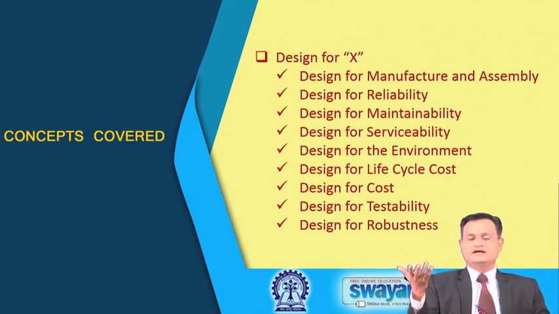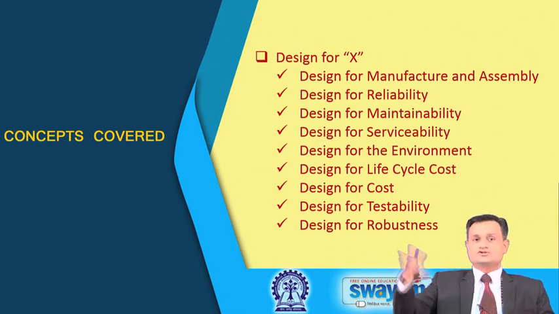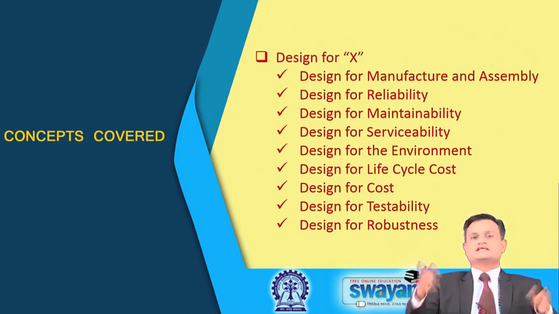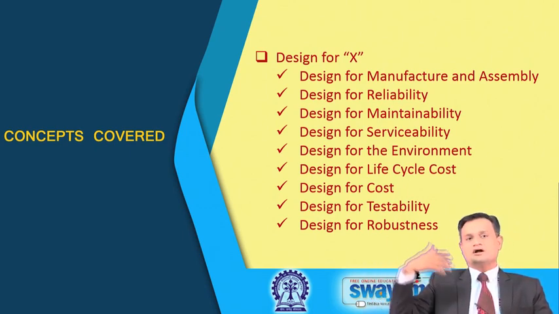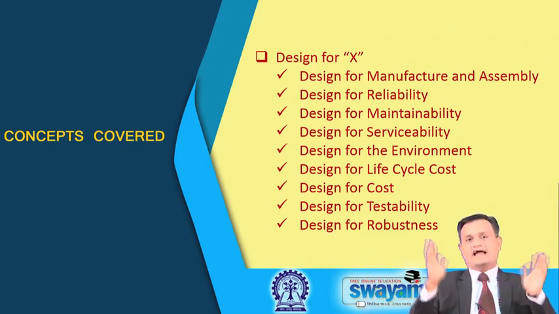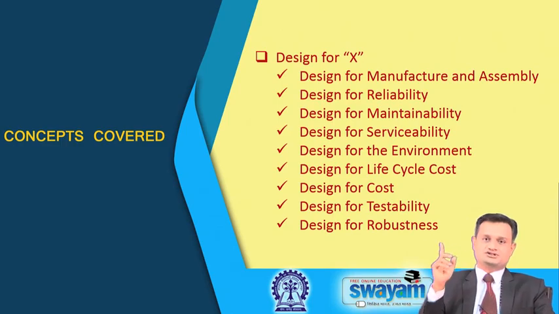Now you just think that if you even miss at least one or two out of this, then you will have to experience many difficulties at the downstream stage. Once your design is released, it will go to manufacturing, planning, packaging, to the customer end or the service. They will face a lot of difficulty if these X are not catered to right at the design stage.